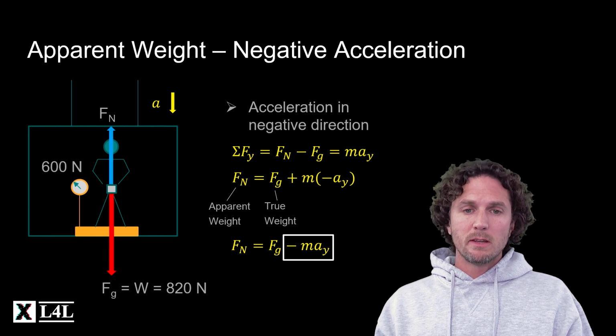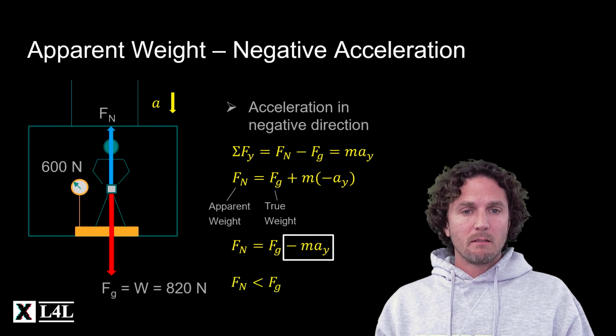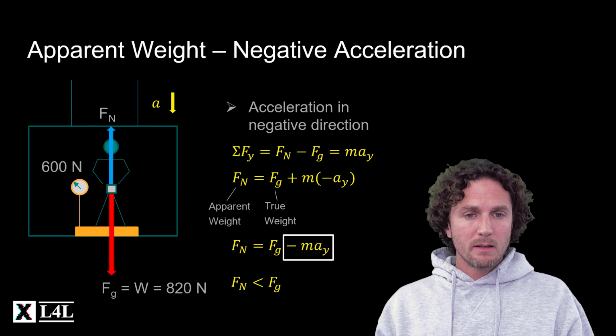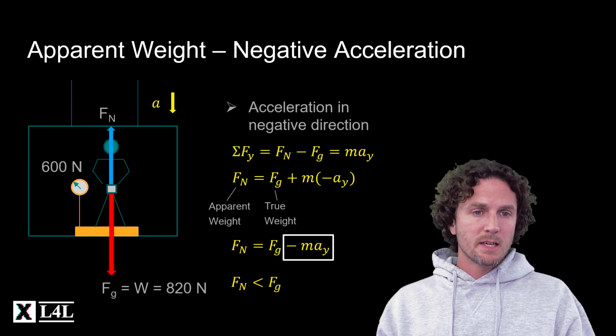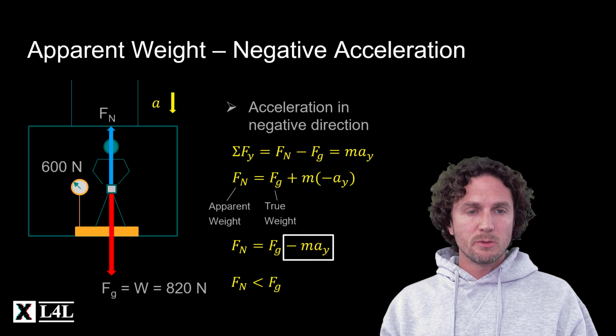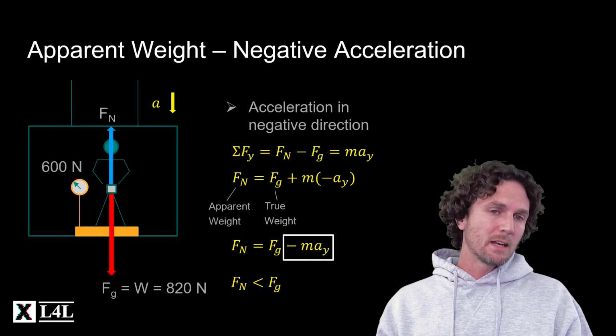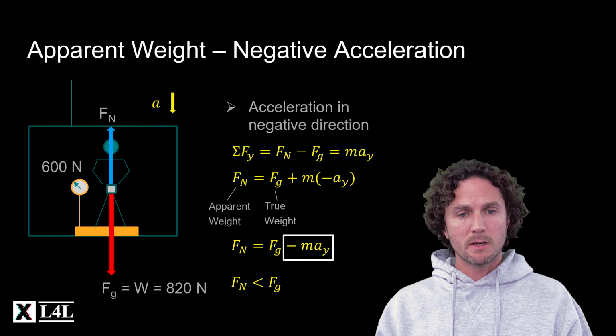And so the apparent weight is always going to be less than the force of gravity, or your true weight, whenever you have a negative acceleration. In this case, we're showing 600 newtons on the scale with the negative acceleration that we were experiencing.